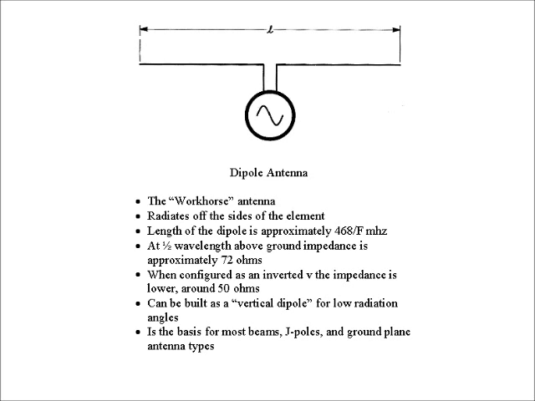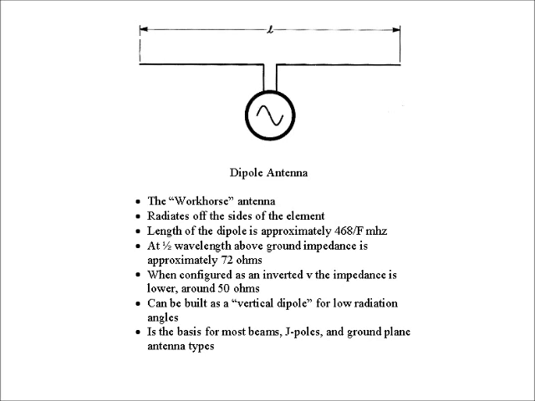The dipole antenna has some unique qualities. It radiates off the sides of the element. Remember I told you there's three numbers? Remember 300 million, we talked about that at first. We dealt with Ohm's law and the number 1. Well, here's our final number.